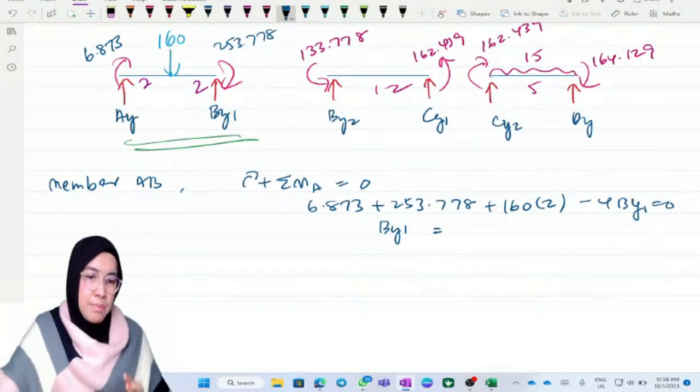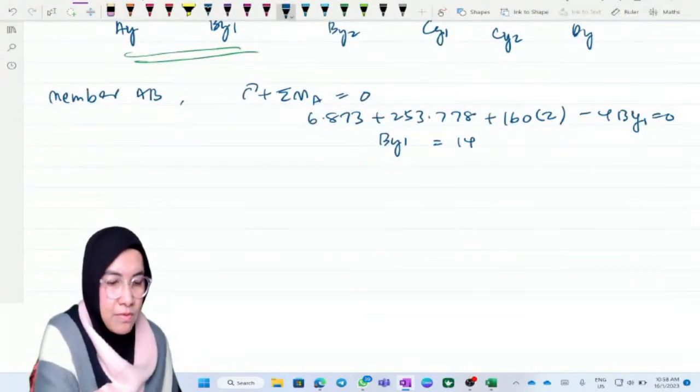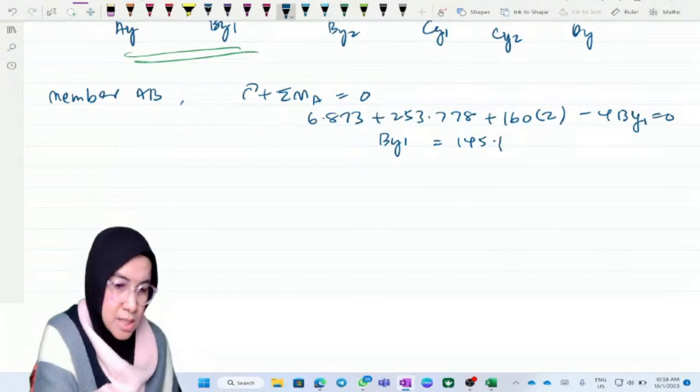So we get BY1 equal to 145.163 kilonewton.